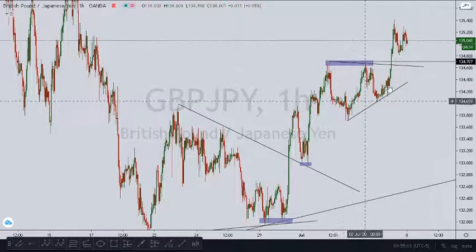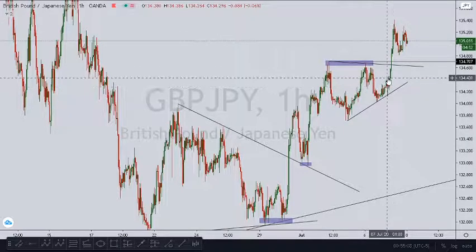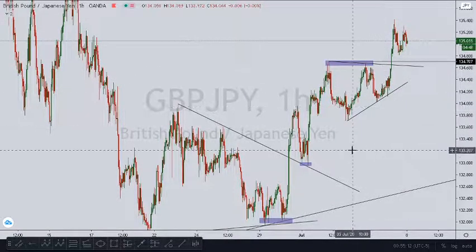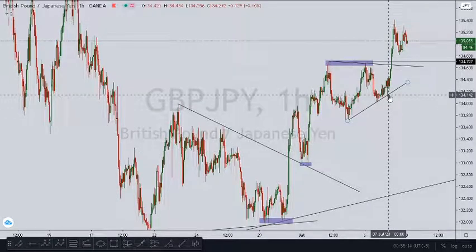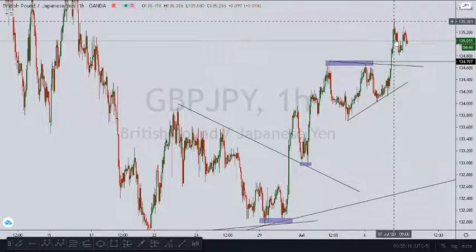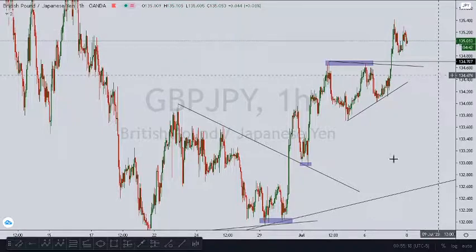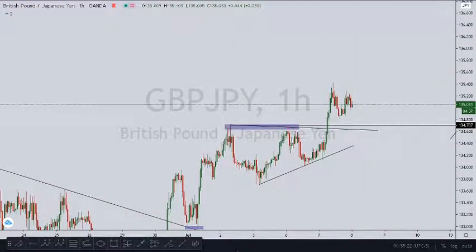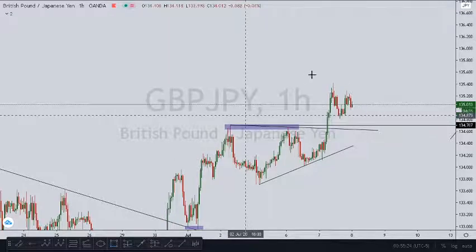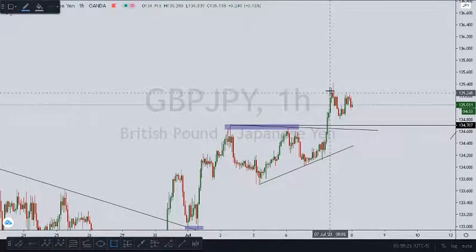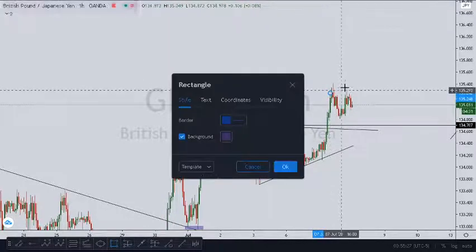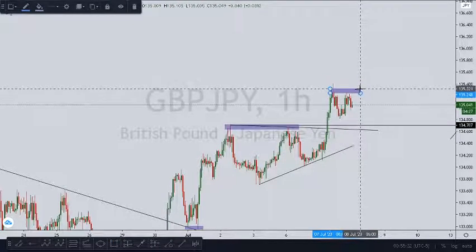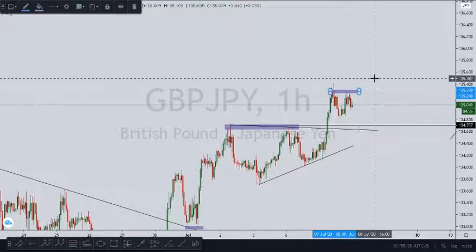We can see that we had that pennant or triangle structure, which is a continuation structure. We had that touch on support, broke, and we're going to mark this level. Rectangle tool. We use this rectangle tool to mark what happened there.